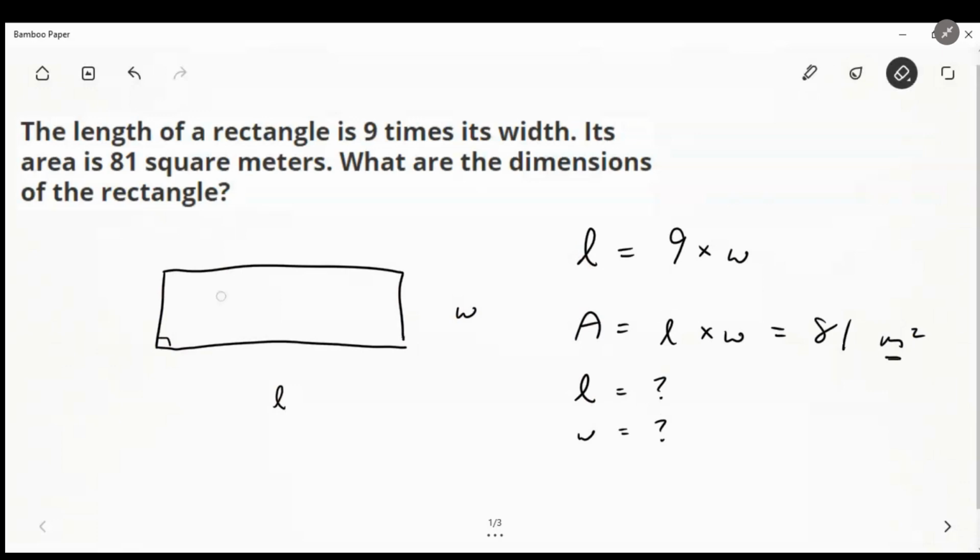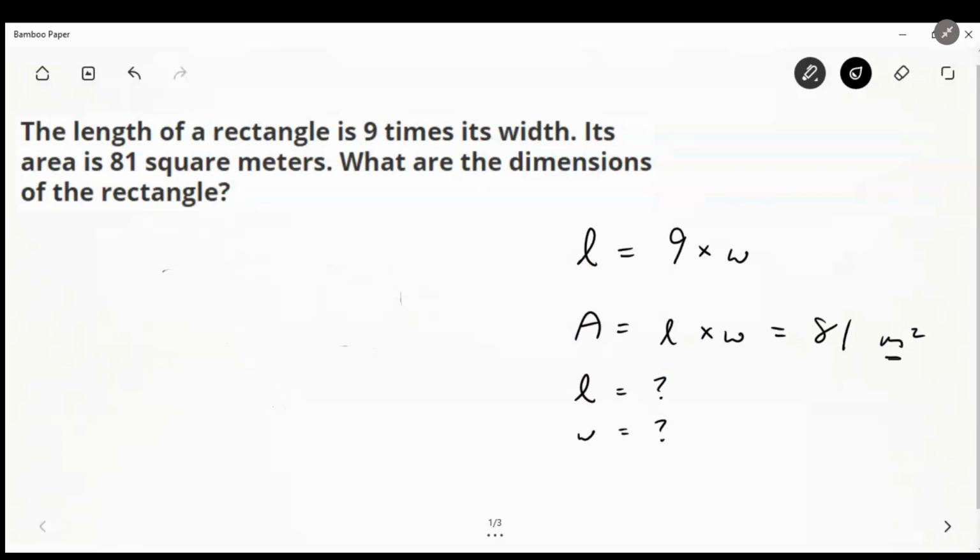So let me just erase our rectangle here. And what we're going to do is use the formulas that I just wrote out to solve for L and to solve for W. So we can say again, LW, which is the same as L times W, is 81.